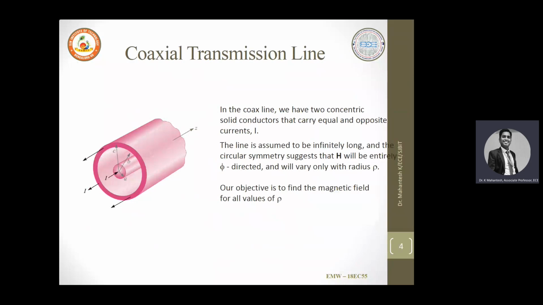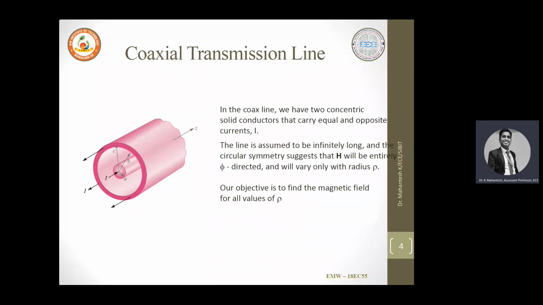So now, application of Ampere circuital law to a coaxial transmission line. Consider a coaxial cable of inner solid conductor of radius a. Let b be the inner radius of the outer conductor and c be the outer radius of the outer conductor.